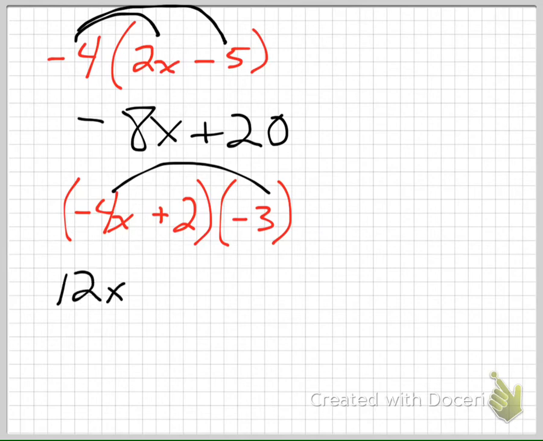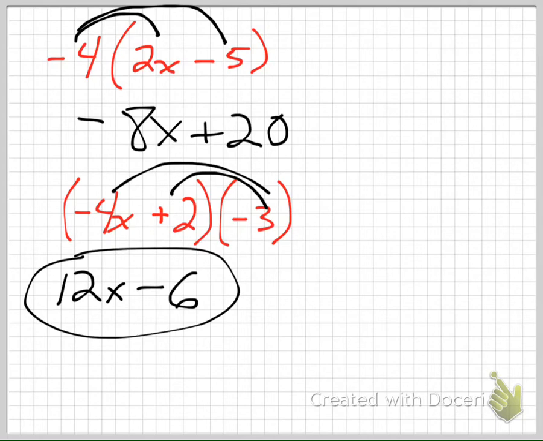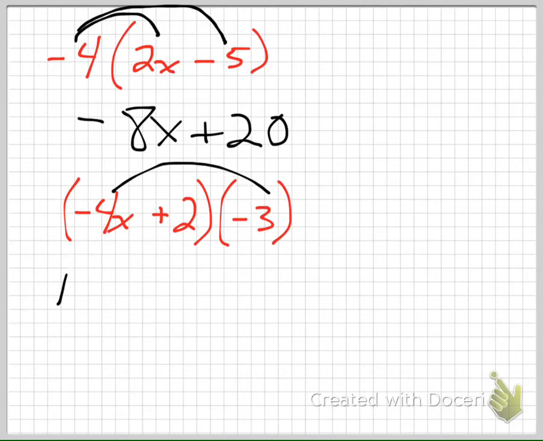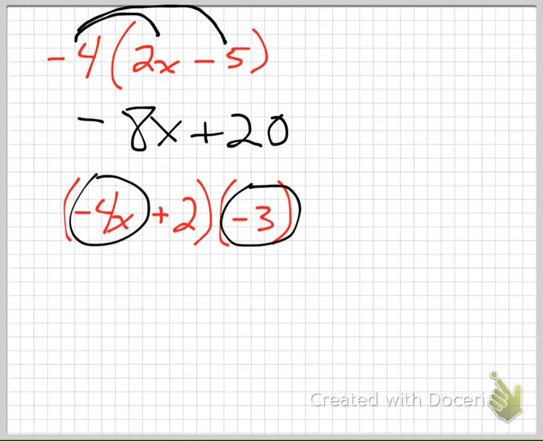That negative, guys, you got to pay attention to it. Negative 3 times a positive 2 is minus 6. How many of you got 12x minus 6? No? Did you add it again? Do you see why this is a positive 12, people? Negative 3 times negative 4.